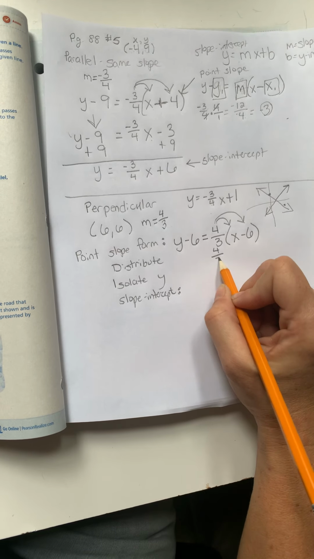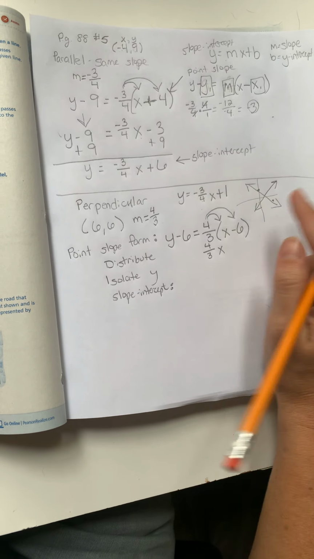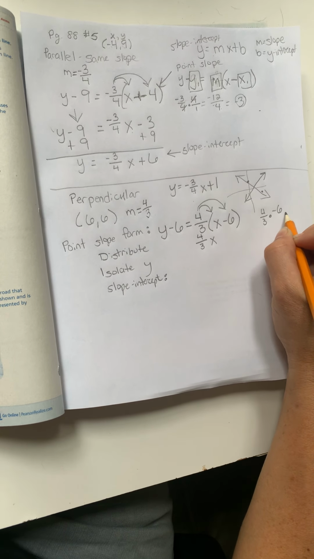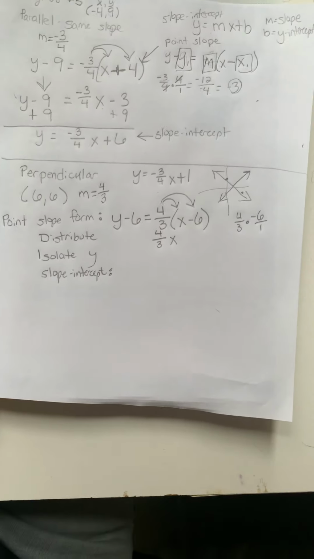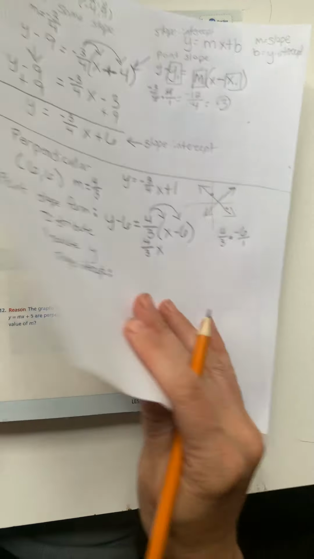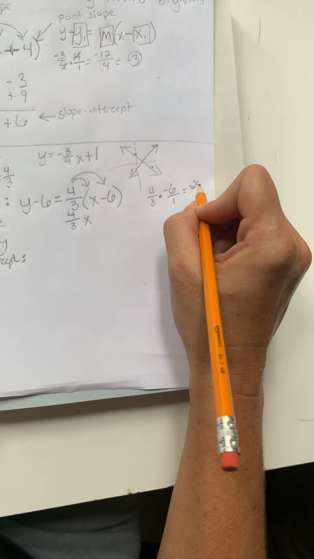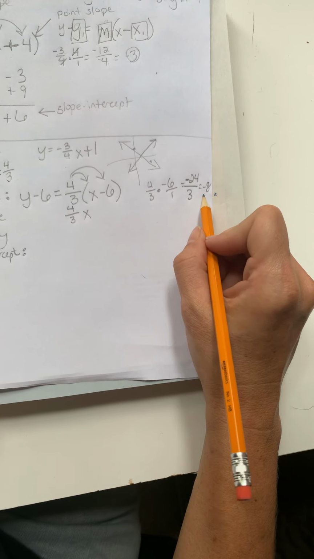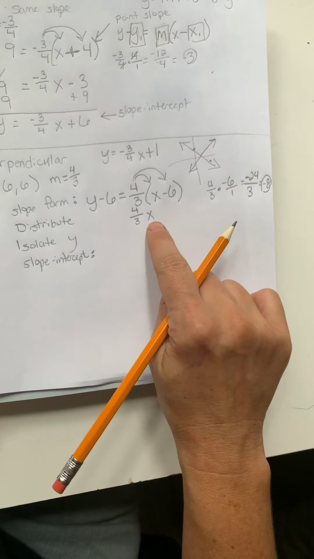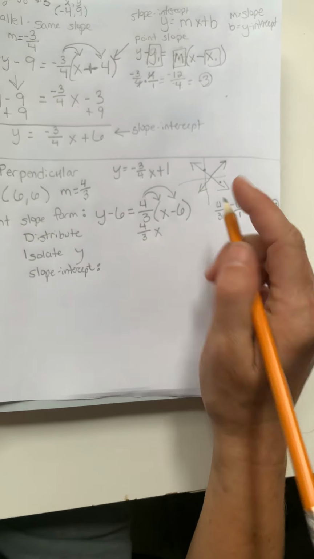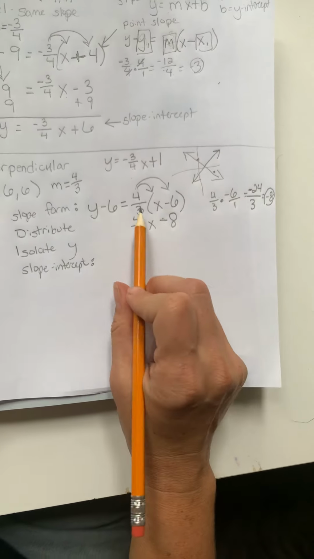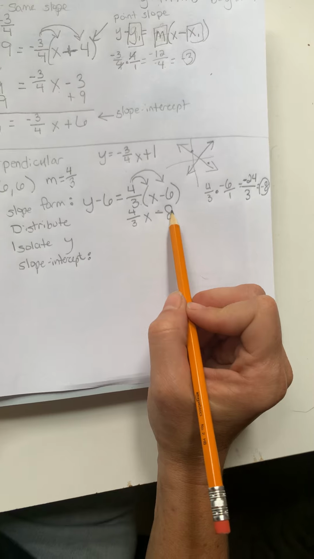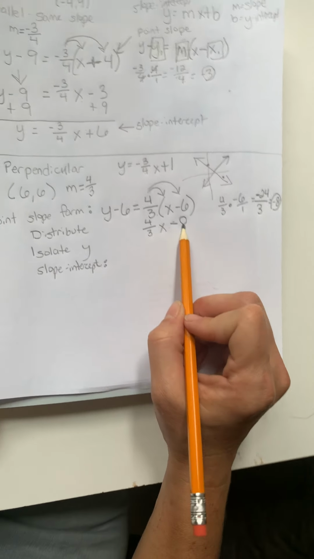So I get 4/3 x, and then 4/3 times negative 6 I'll do over here. 4 times negative 6 gives me negative 24 over 3, which gives me negative 8. So 4/3 times negative 6 is negative 8. And that makes sense because 4/3 is more than 1. If you multiply by more than 1, you get a bigger number. Still negative, but the number itself is bigger.